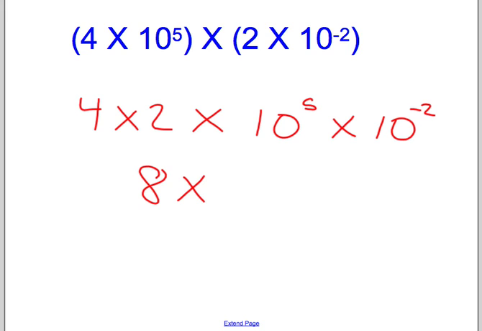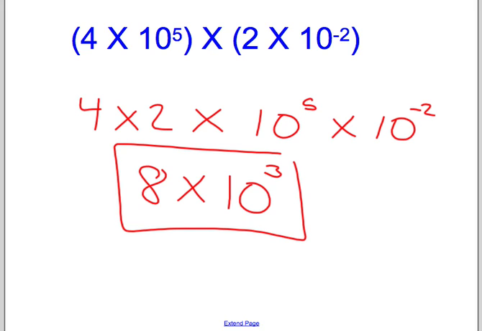It's really more of an algebra concept, but you're going to learn it anyway, is that when you're multiplying these bases that are the same, so when you take a power of 10 times a power of 10, you add their exponents. 5 plus negative 2 is 3. So your exponent on your power of 10 becomes 10 to the third. So you take the values at the start of your scientific notation and you multiply them together. Then you combine your powers of 10 by adding their exponents.